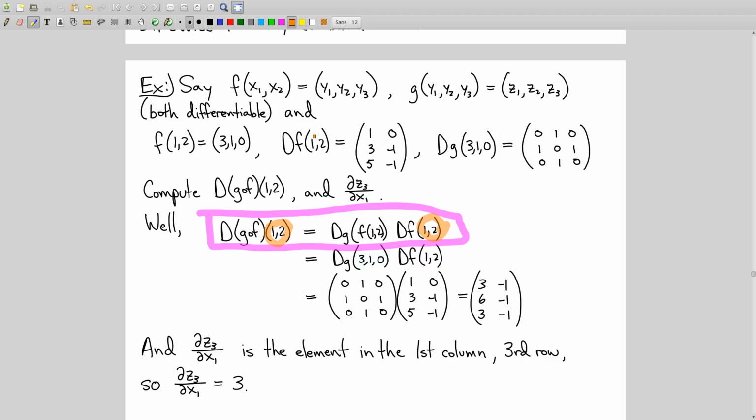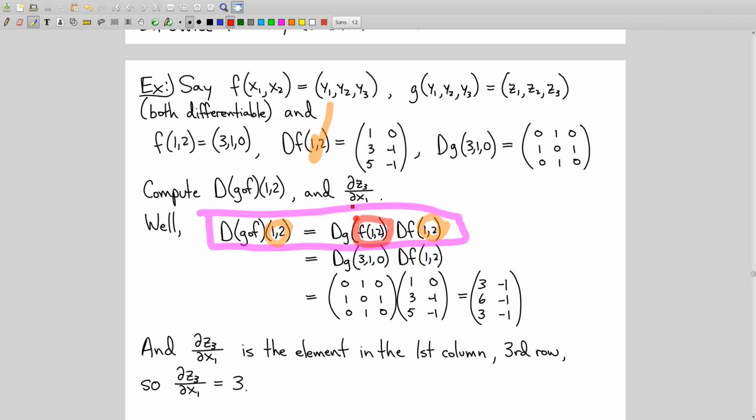Oh, cool, it is. I was given the exact df matrix that I needed. Because I'm evaluating the composition at 1, 2, I am also going to need the derivative of g at f of 1, 2.